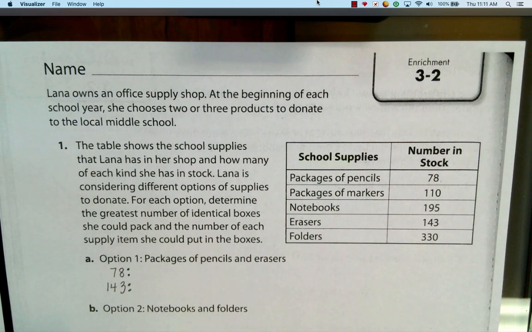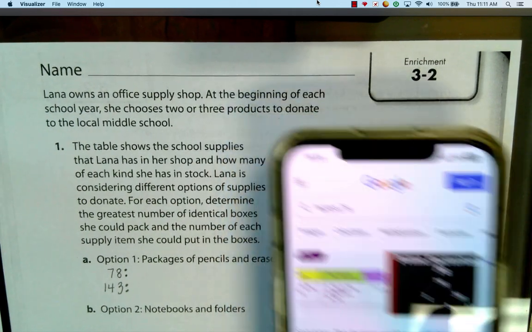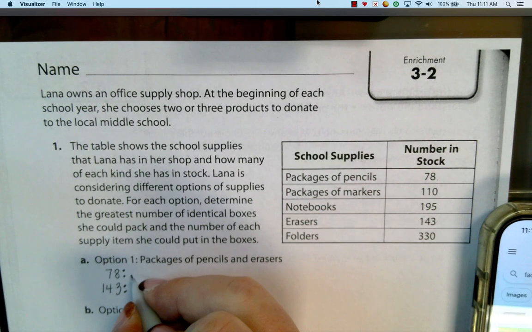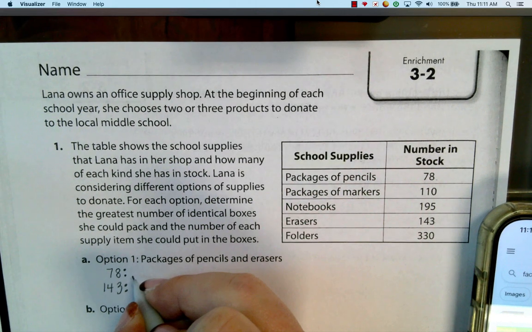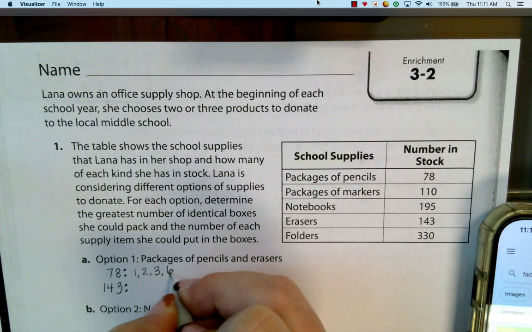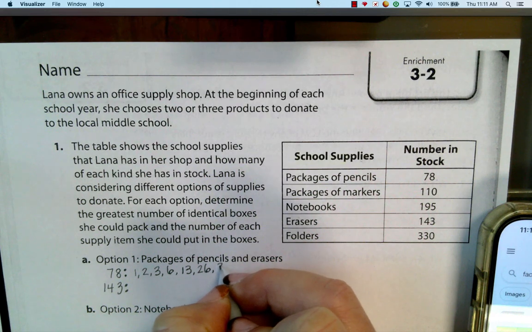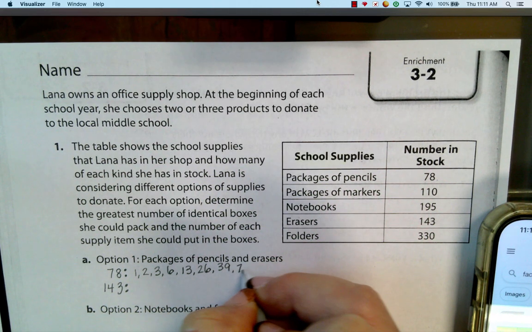Okay, hang on. I'm Googling factors of, because we do not have the factors of these on our factor table. We just don't. So I literally went on my phone and I put factors of 78. And that way they'll be in order. So we're going to write the factors of each of these whole numbers. 1, 2, 3, 6, 13, 26, 39, and 78.